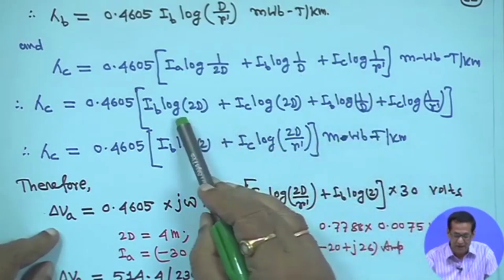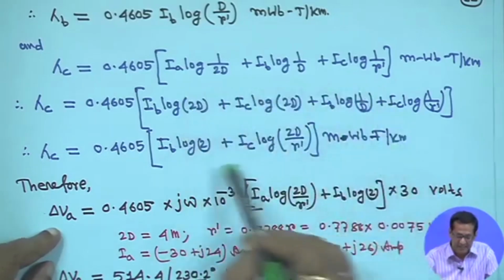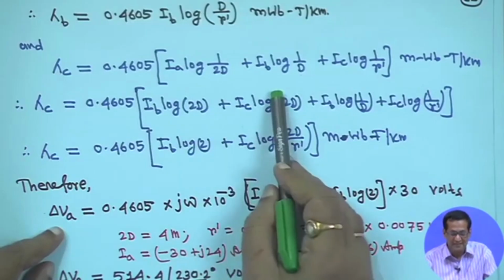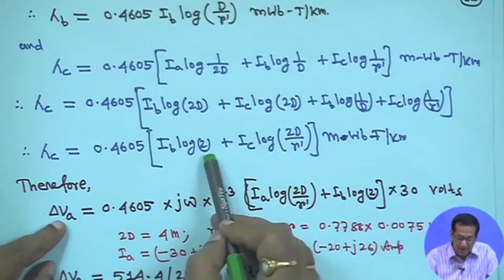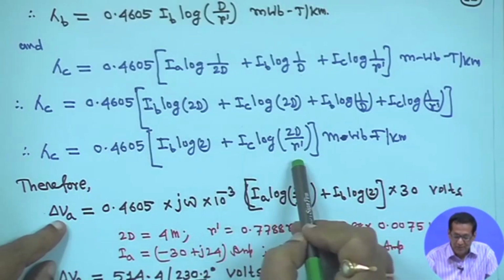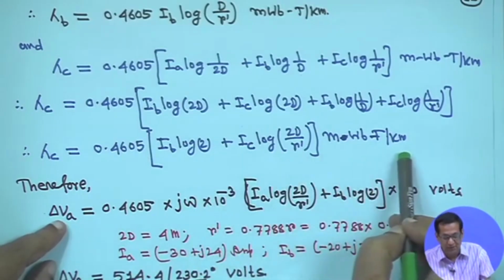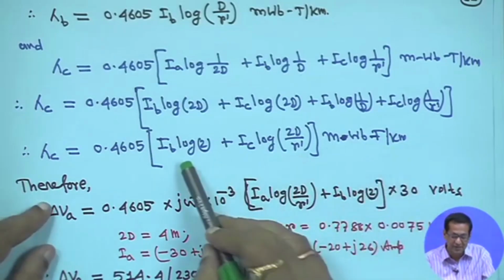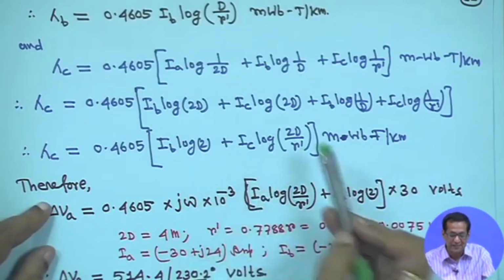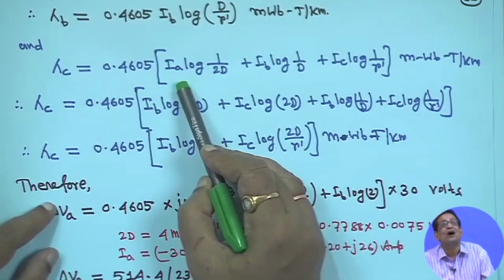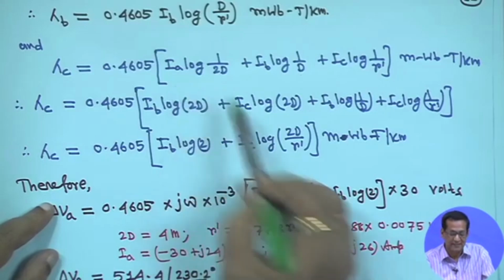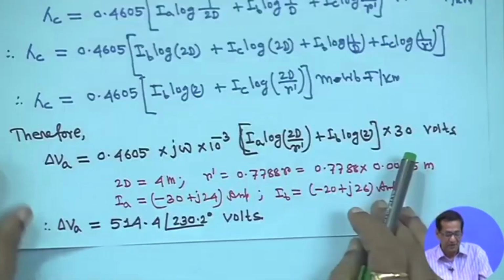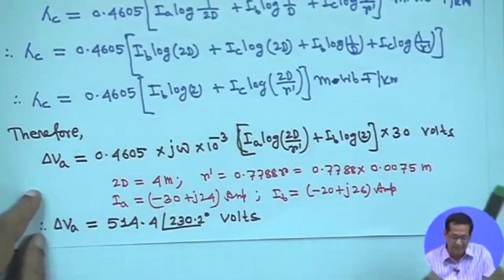So whatever will come, IB and IC are there, IA is eliminated. So in that case lambda C will be 0.4605 [IB log 2 plus IC log 2d upon r dash] milliweber turns per kilometer, right. So whatever IB, IC is there, just substitute IA is equal to minus (IB plus IC), then you do this, right. So this is lambda A, lambda B, lambda C.